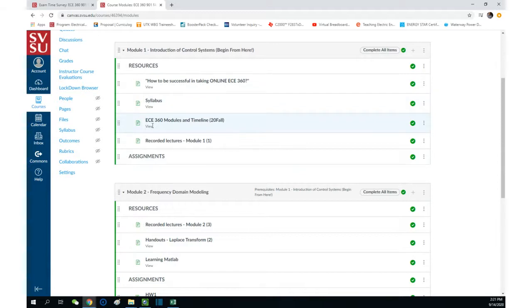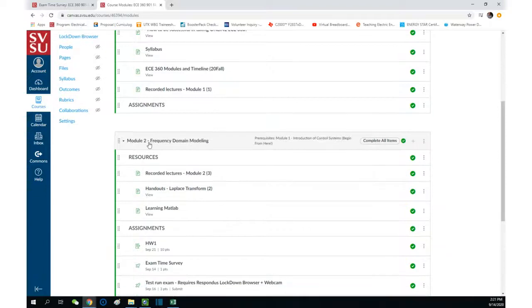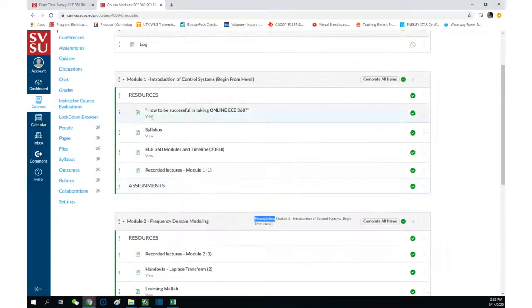You must finish these 3 views to be considered as finishing this module. You finish this module, and then you can open the next module 2. Prerequisites of module 2 is module 1. And how to be considered as finishing module 1? You need to view this, and view this, as minimum requirement.